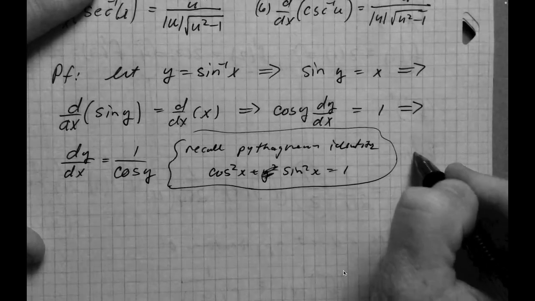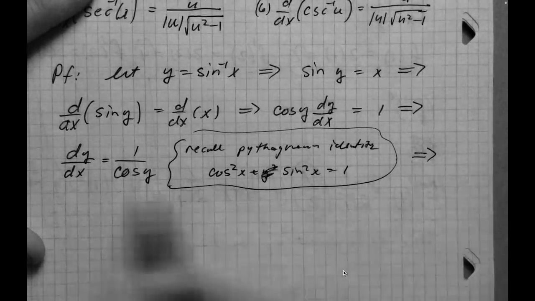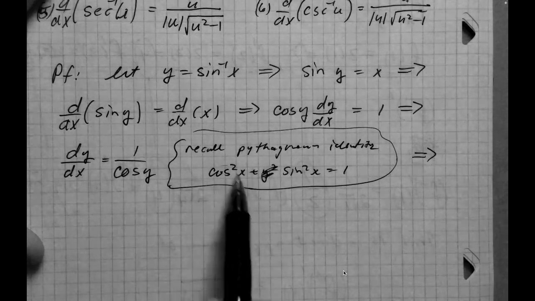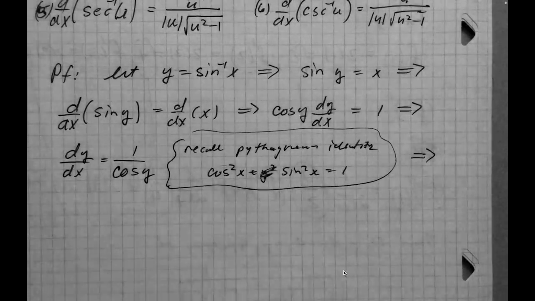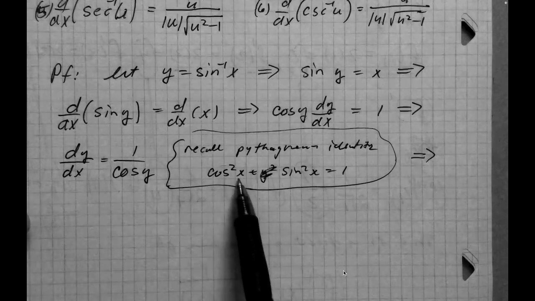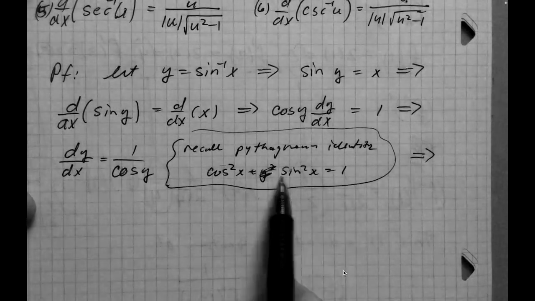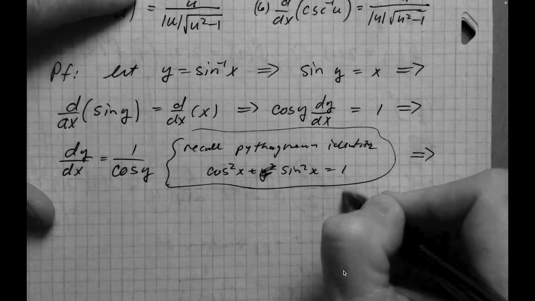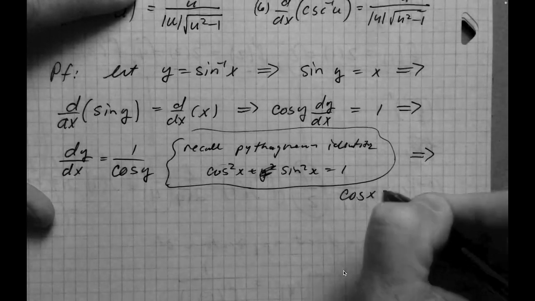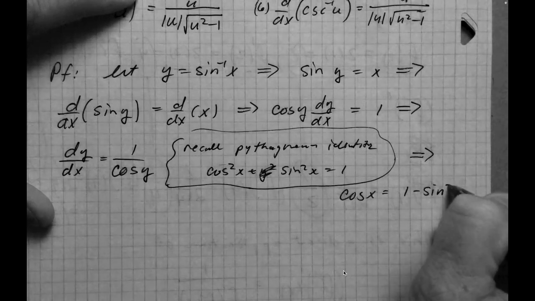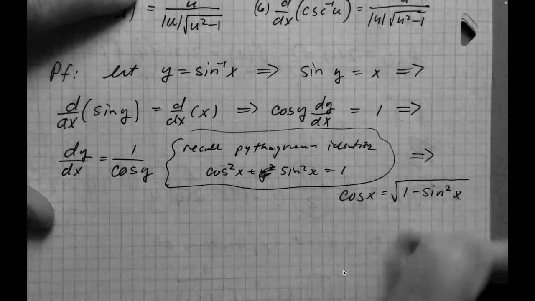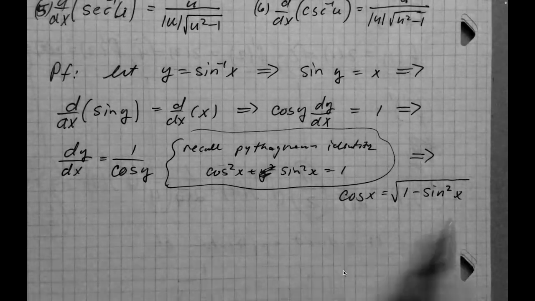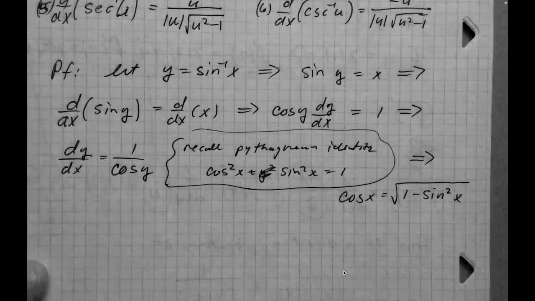Cosine squared x plus sine squared x equals 1 implies that cosine of x would be equal to the square root of 1 minus sine squared of x. Let me write that down here. So cosine of x equals the square root of 1 minus sine squared of x. We want to use that fact here.